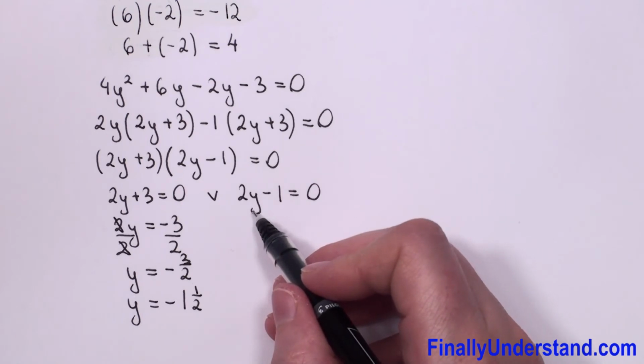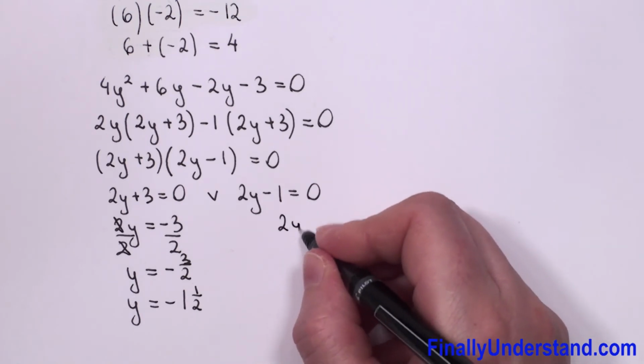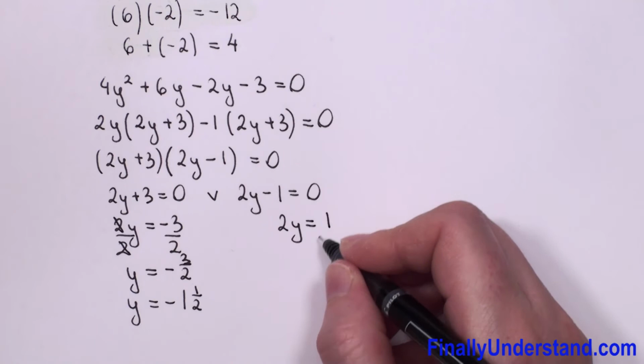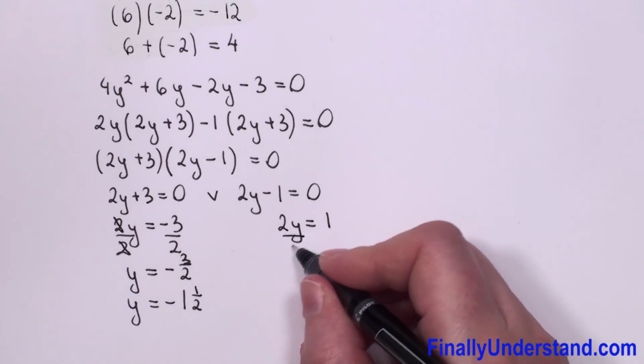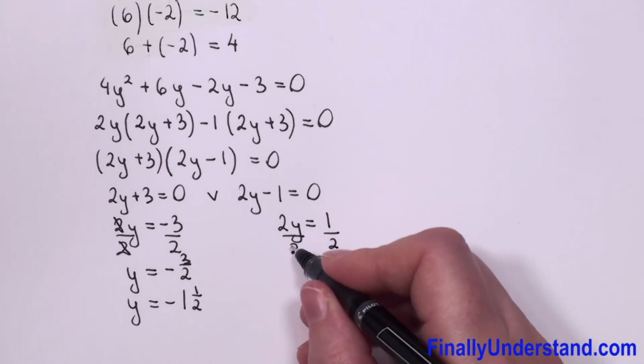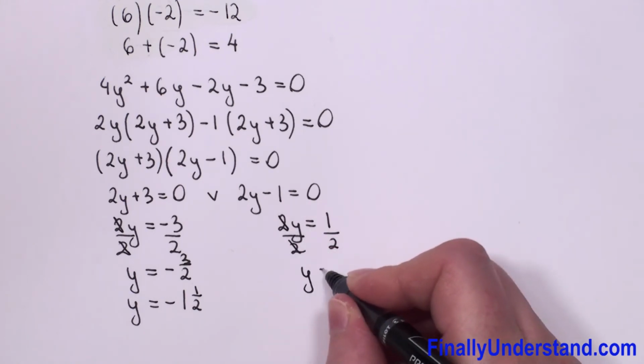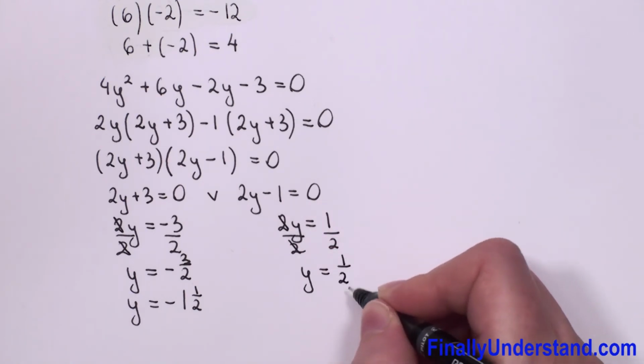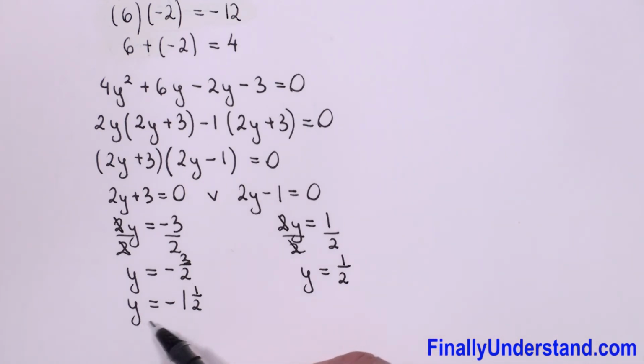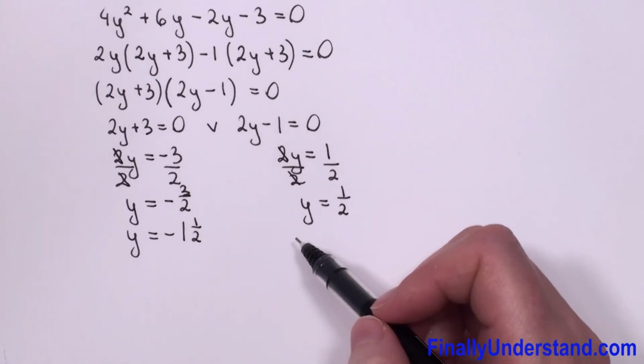And for the second equation we will have 2y equal 1. I have to divide both sides by 2. So 2 and 2 will cancel, and I have y equals 1/2. So we have two roots.